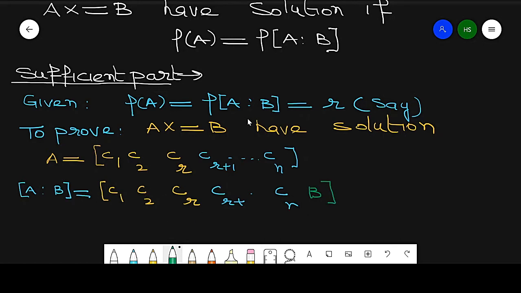Now if they have the same rank, then it means R columns in A are linearly independent. So these R columns are linearly independent and the remaining columns are linearly dependent. Similarly, because they have rank R, these are again linearly independent and these are linearly dependent, because they have the same rank.